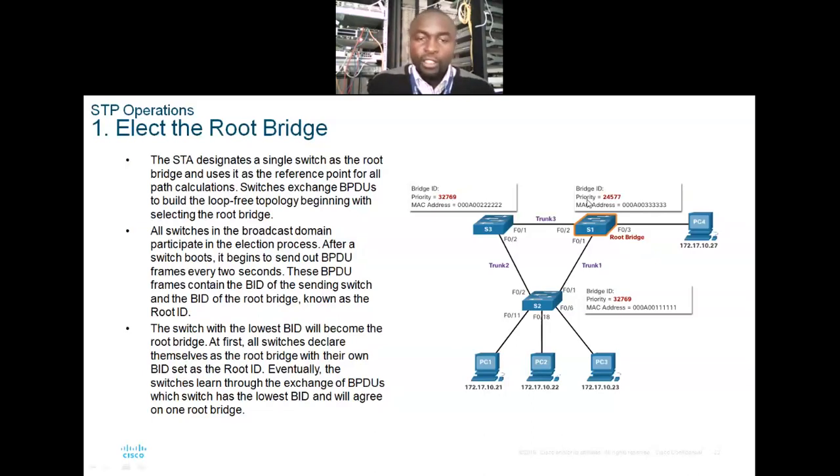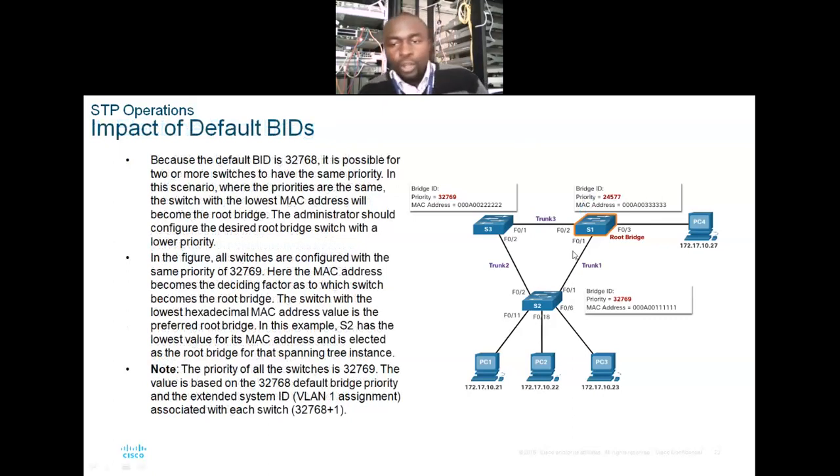Because of the default value of 32768, which is the default priority for all Cisco switches, it is possible for 2 or more switches to have the same priority. Where the priorities are the same, the switch with the lowest MAC address will become the root bridge. The administrator should configure the desired root bridge switch with a lower priority.